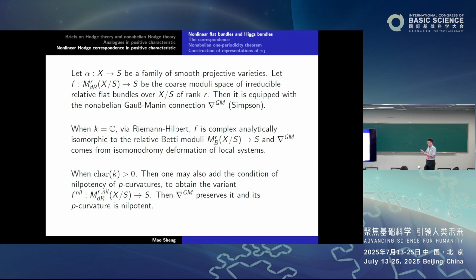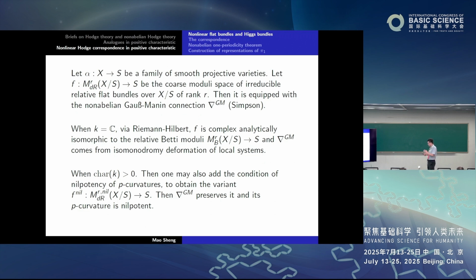This is well defined up to homotopy, and it gives a well-defined isomonodromic deformation of local systems on the moduli space.